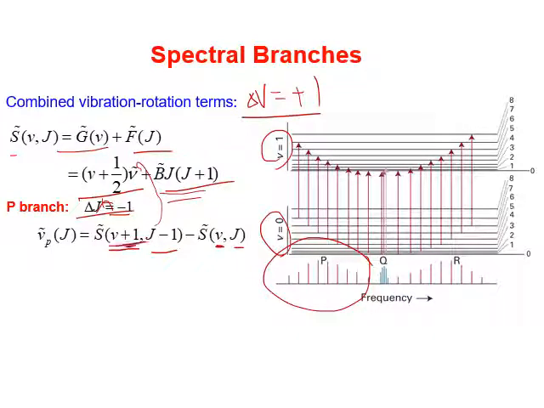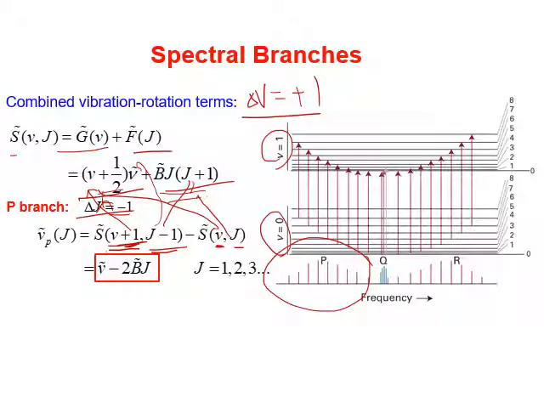So V+1 goes here, J-1 goes here, and then minus the other equation using V and J. So if you do that, the equation is this one.